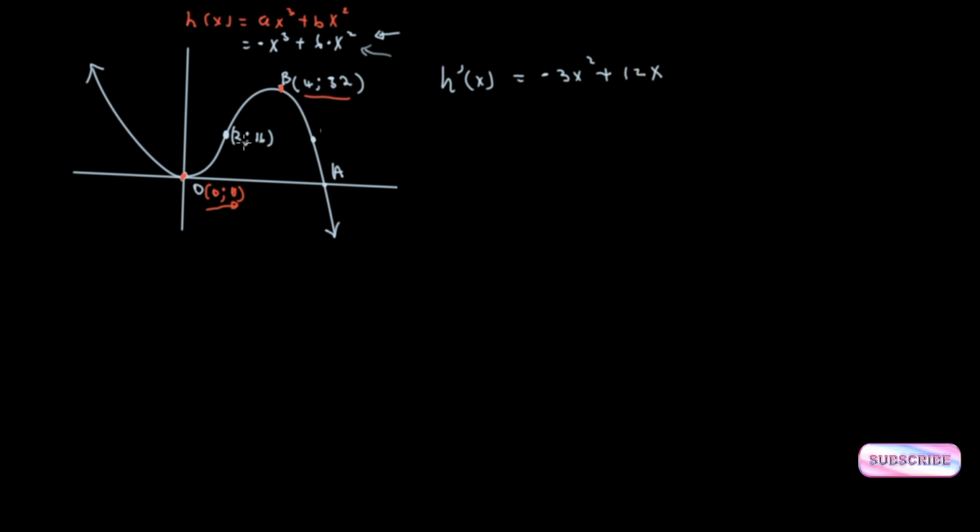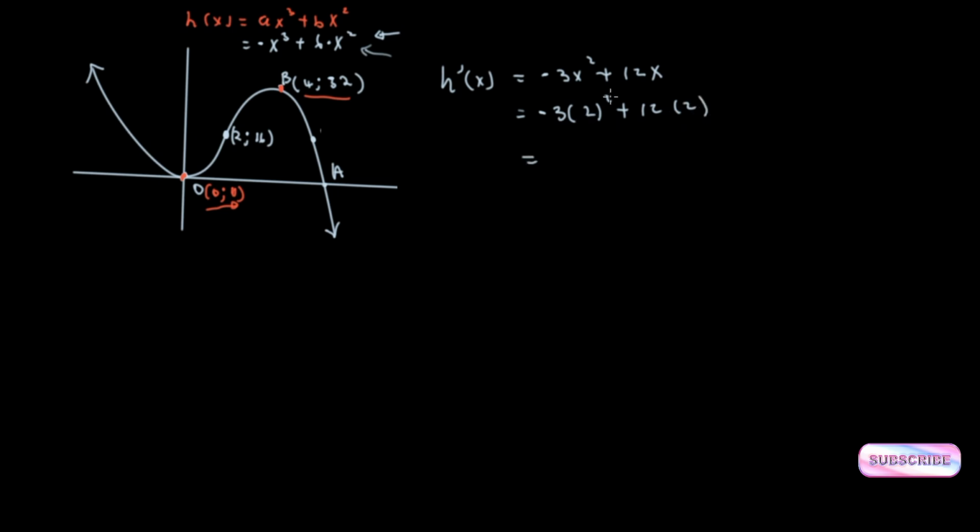Now let's substitute the value of x to find the gradient. So it's going to be -3 times 2 squared, plus 12 multiplied by 2.